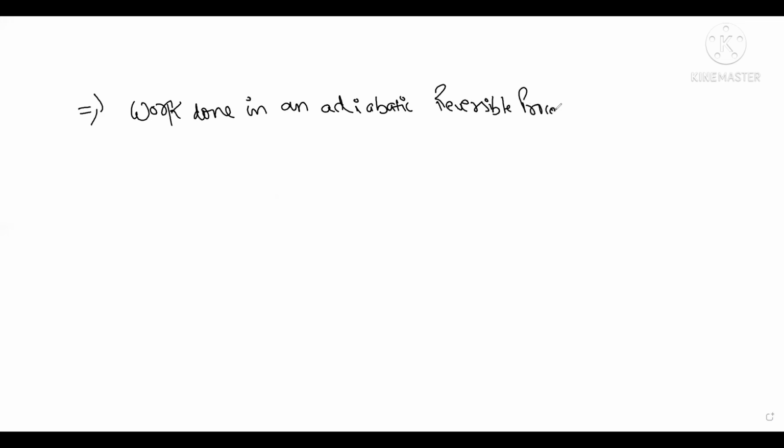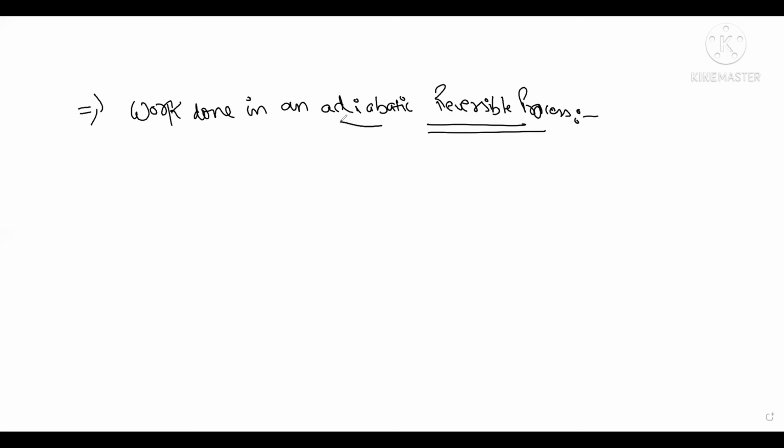Now the second topic which we will be taking is work done in an adiabatic reversible process, a process that is adiabatic and reversible.